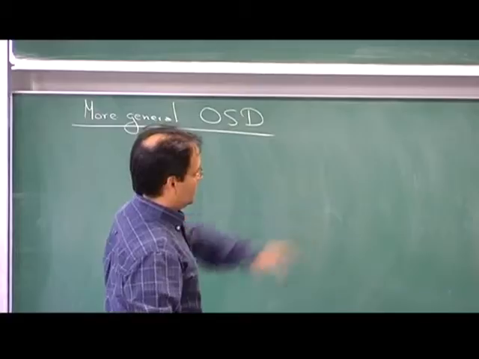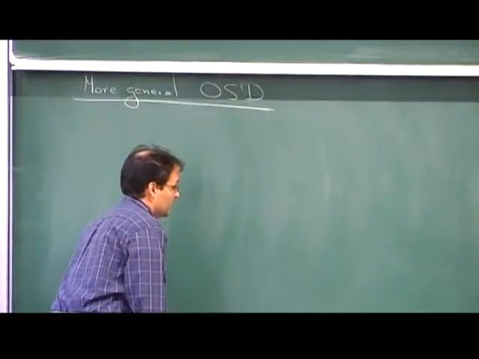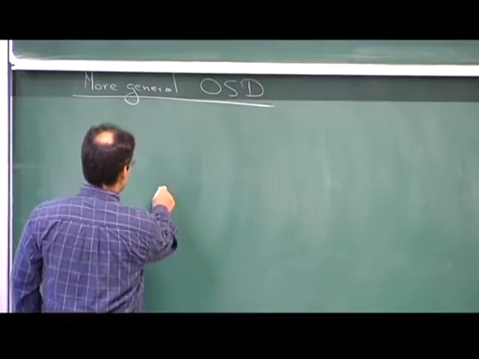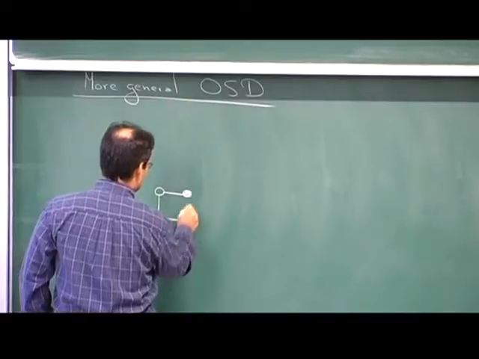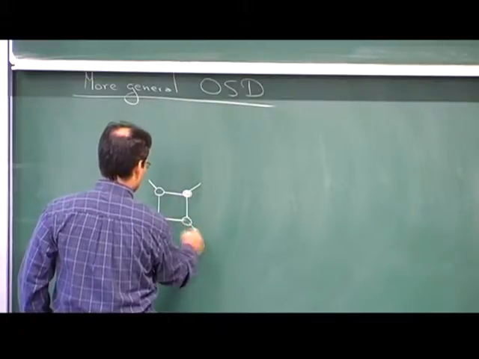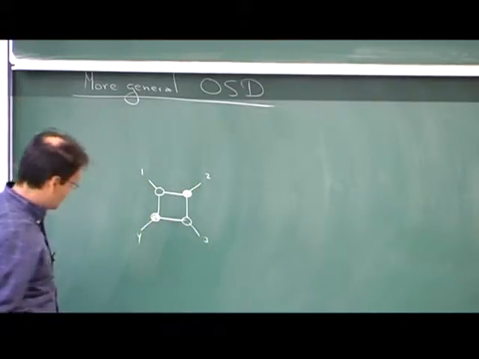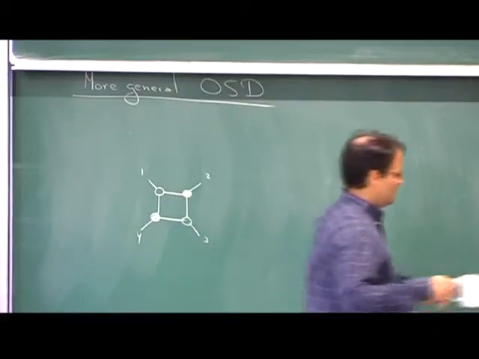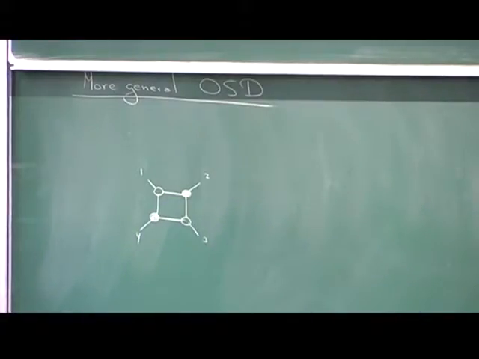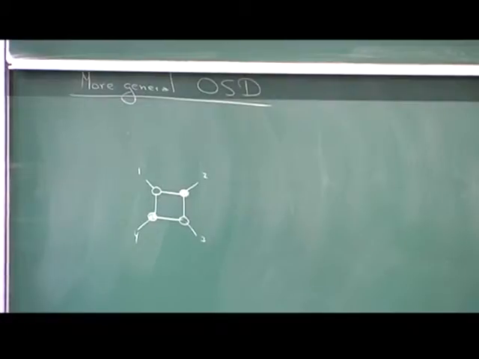Now that we have this BCFW bridge operation, we can construct more general on-shell diagrams, starting with a very simple one. So, let's start with this guy. I have to warn you that I'll keep building up on this guy, but I'm not going to draw it again. So I'm going to erase and attach more things to it.